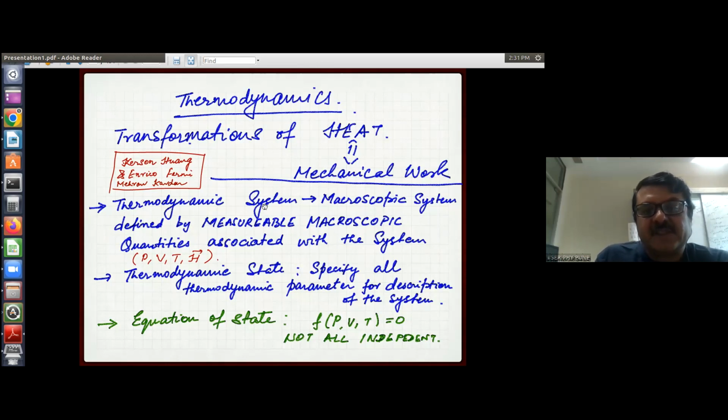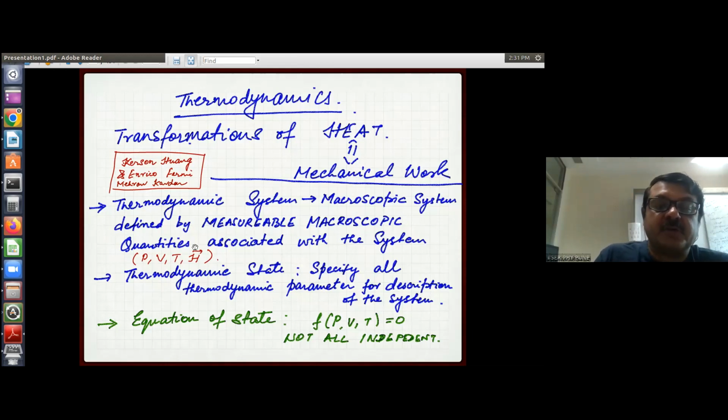So what is a thermodynamic system? It's a macroscopic system defined by measurable macroscopic quantities associated with the system. And if you're talking about an ideal gas, then the quantities measurable mean values are pressure, volume, temperature, right?